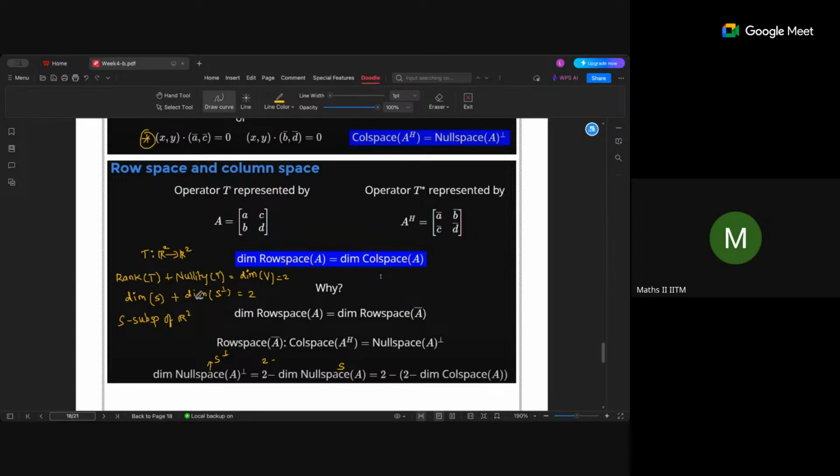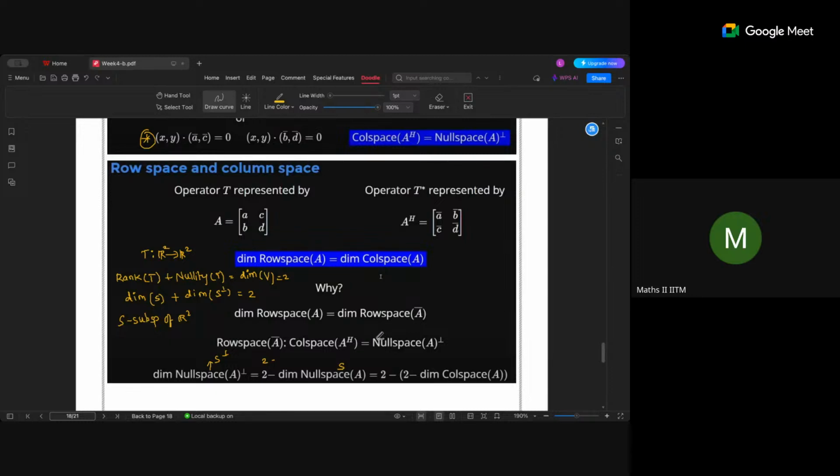The dimension of the null space is 2 minus the rank of A, and the rank is the dimension of the column space of A. So 2 minus 2 minus the dimension gives simply the dimension of the column space of A. So what have we got? The dimension of the null space of A dual is the same as the dimension of the column space of A, and we already know these two are the same.